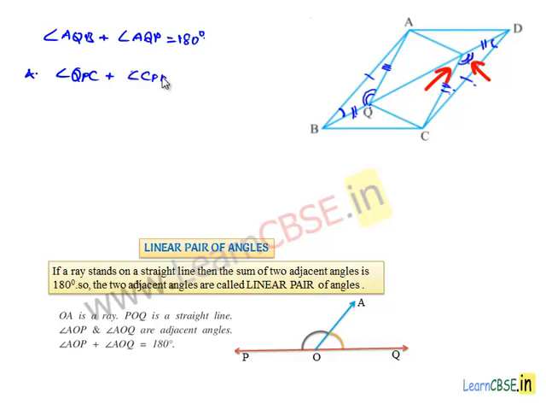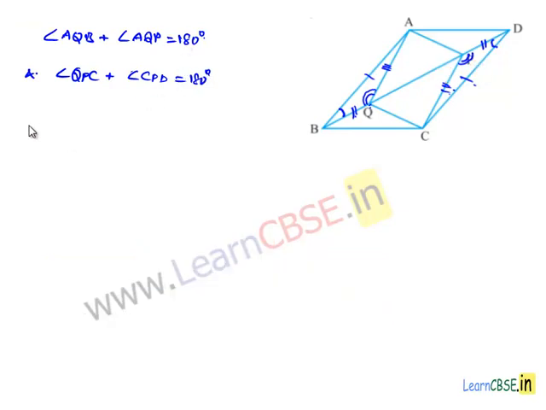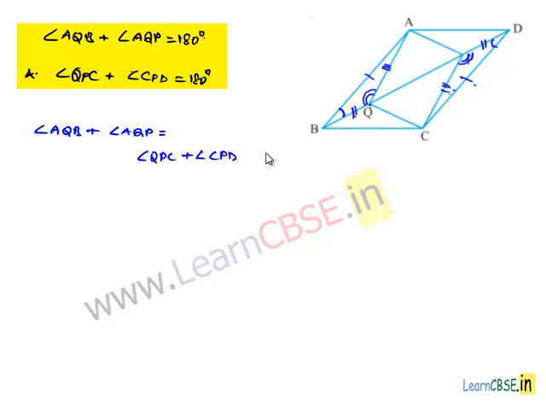So the sum of angles on a linear pair is equal to 180 degrees. As both sums are equal to 180 degrees, we can equate angle AQB plus angle AQP is equal to angle QPC plus angle CPD. From the above, we can say that angle AQB is equal to angle CPD, so that can be cancelled on both sides. Then we get angle AQP is equal to angle QPC.